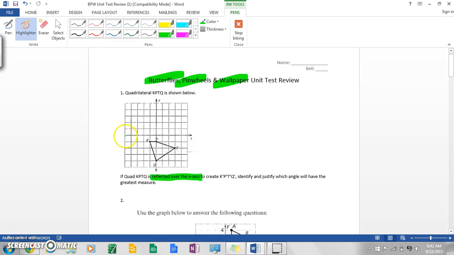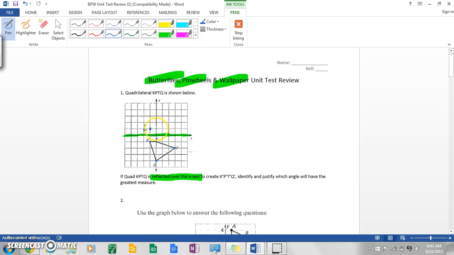Let's go ahead and highlight the x-axis. Show that this is going to be our line of symmetry, or line of reflection, and then I will make my new image off these vertices here. K is only 1 unit away, so K prime will be here.